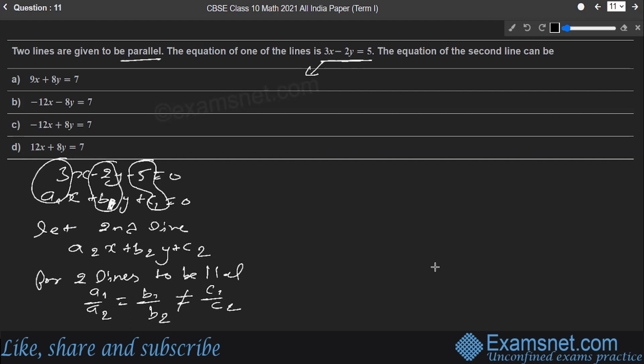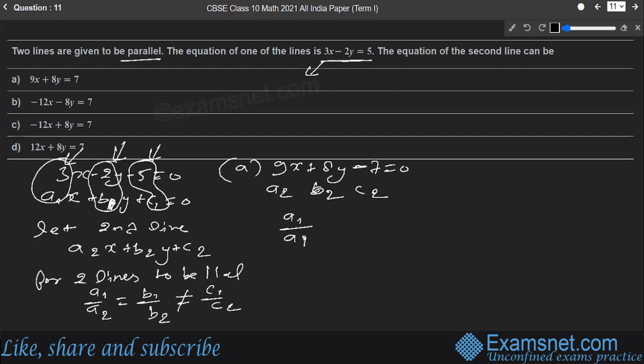So let us have the first option. The first option, that is A, is 9x plus 8y minus 7 equal to 0. If we assume this as A2, this as B2, and this as C2, let us figure out A1 by A2, B1 by B2, and C1 by C2. The A1 value remains 3, B1 value remains minus 2, and C1 value remains minus 5.